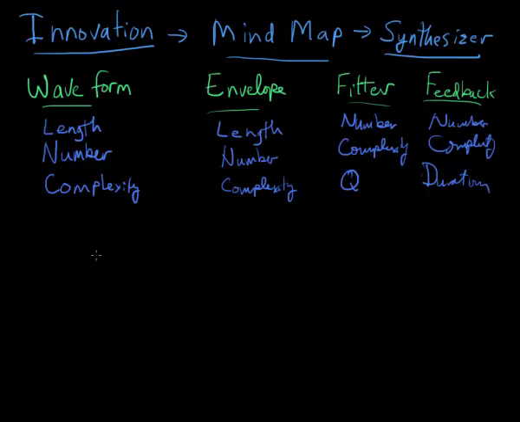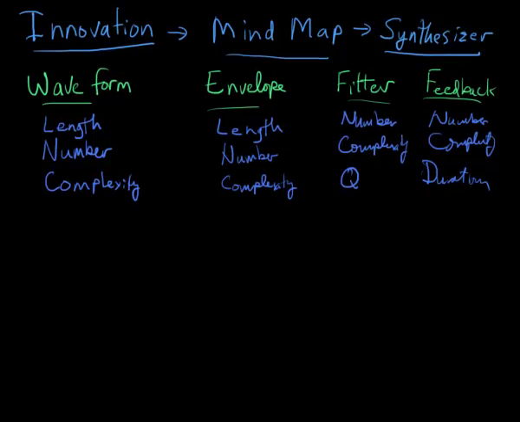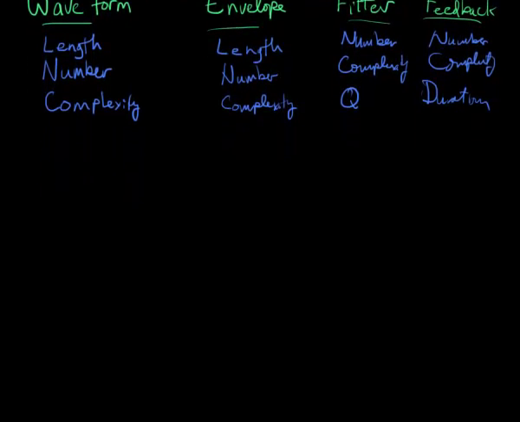Okay, and so let's look at an example of the waveforms and see how those fit into this. So we'll start with waveforms, and I'll just get right into the basic method here. What I'm going to do is make a waveform graph, and I'm going to start out by drawing each of these three parameters as a dimension in a waveform space.